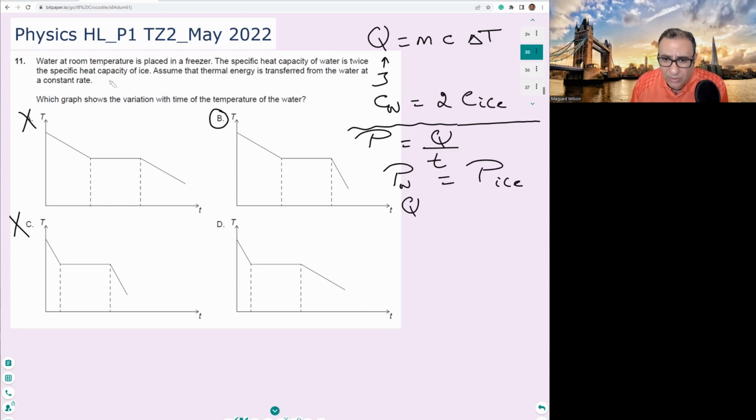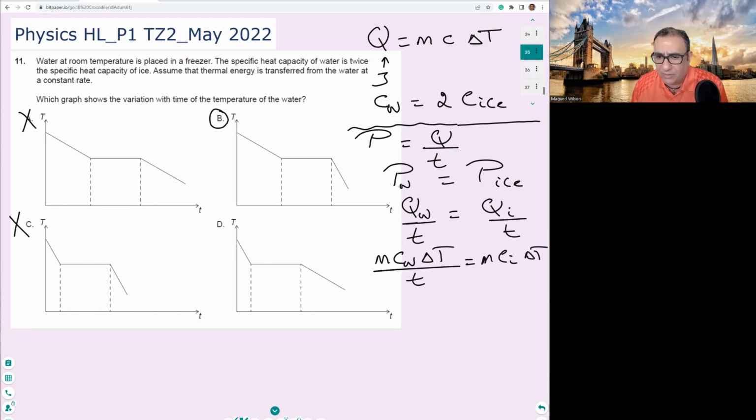Now, it means what? It means Q_W over time is going to be equal to Q_ice over time. Now, for Q, we can apply the national anthem. So m c_W delta T divided by time is equal to m c_ice delta T divided by time. And we agreed that the mass should be the same. There's no change in mass. It's the same amount of water, as I said.